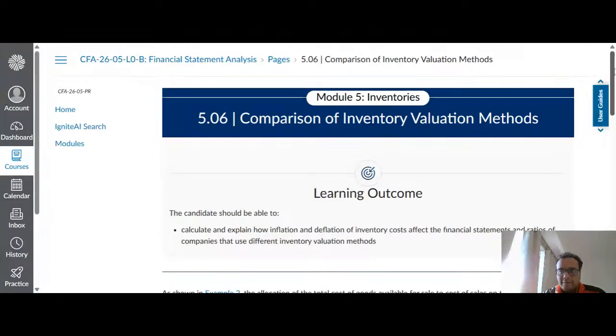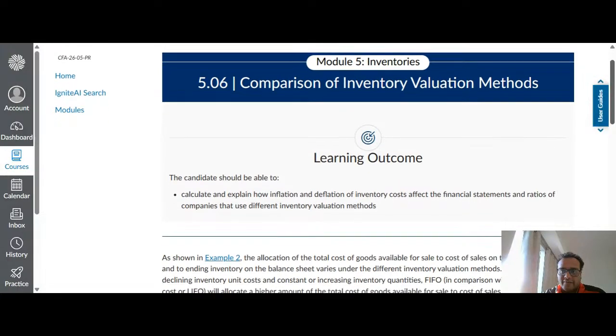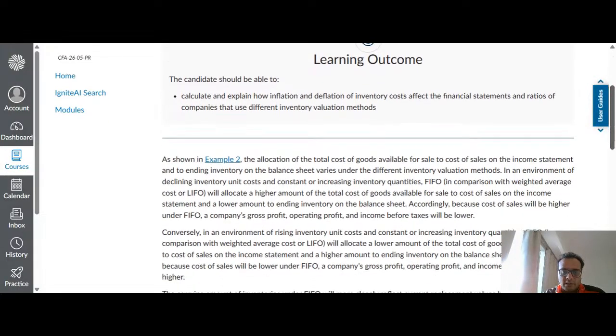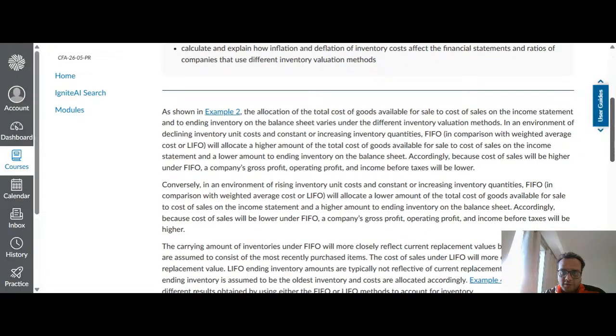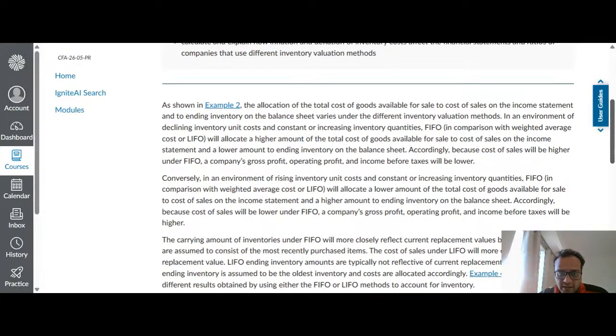Now, we have to compare the inventory valuation methods. As shown in example 2, the allocation of total cost of goods available for sale to cost of sales on the income statement and the ending inventory varies based on the different valuation methods.